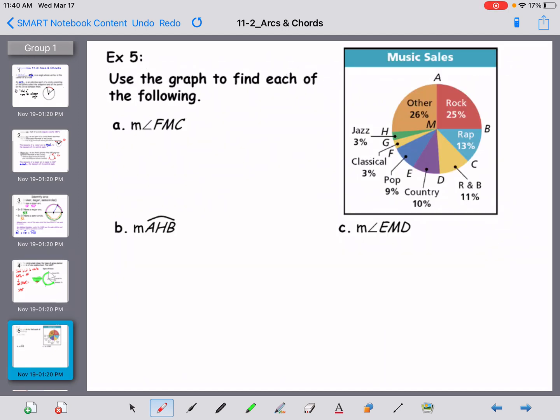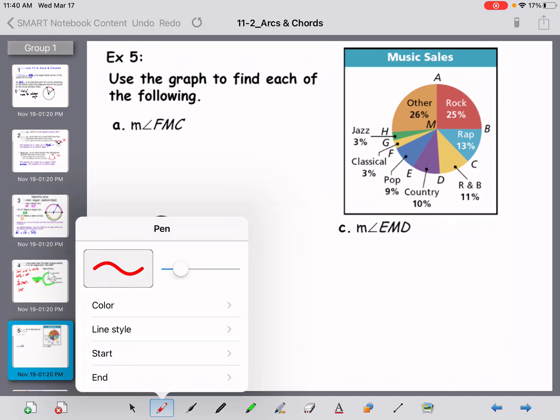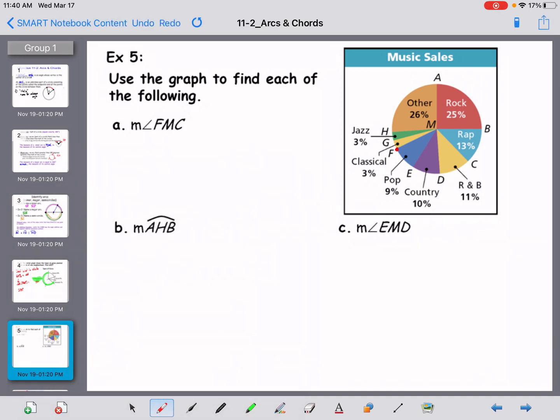Here's another example. If we wanted to find the measure of angle FMC. FMC is the pop, the country, and the R&B, rhythm and blues.